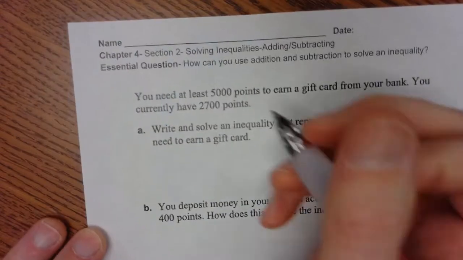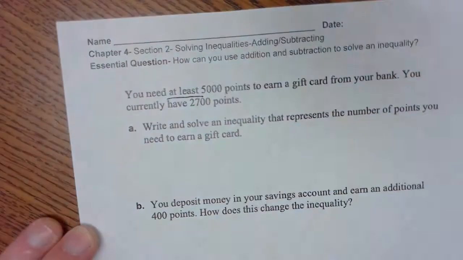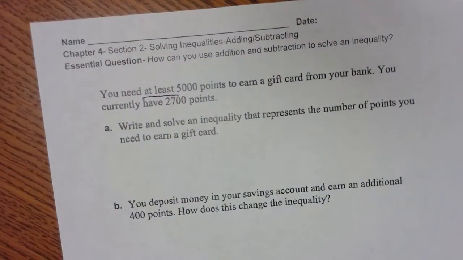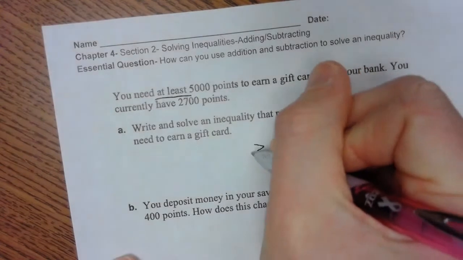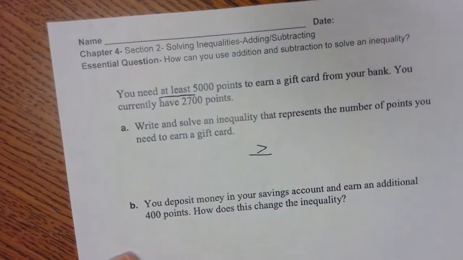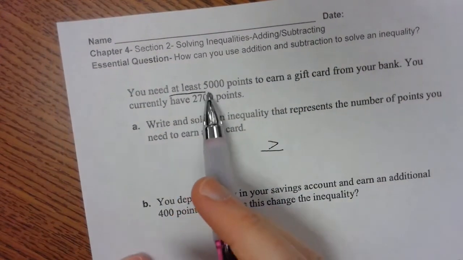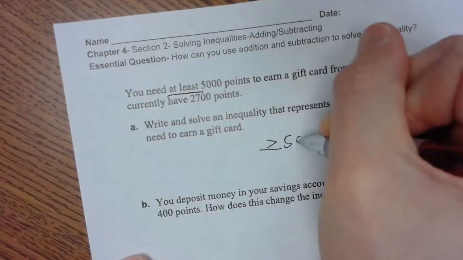So the key word is at least. If we think back to yesterday, we were talking about the word at least. That's going to be greater than or equal to. So I need at least 5,000 points.